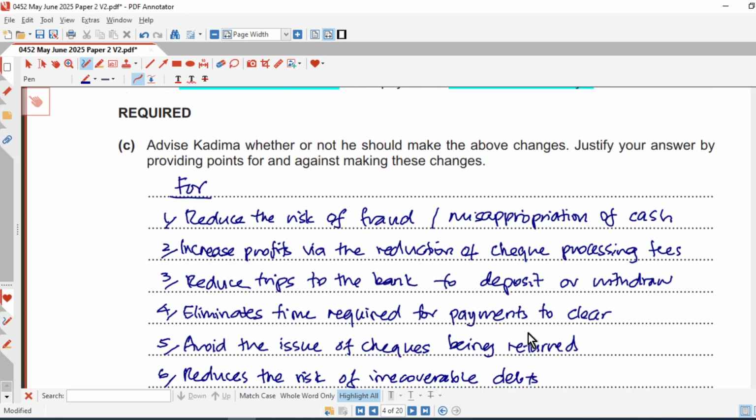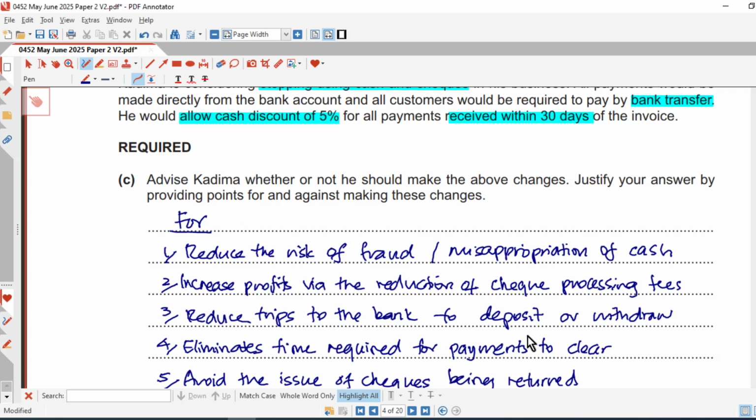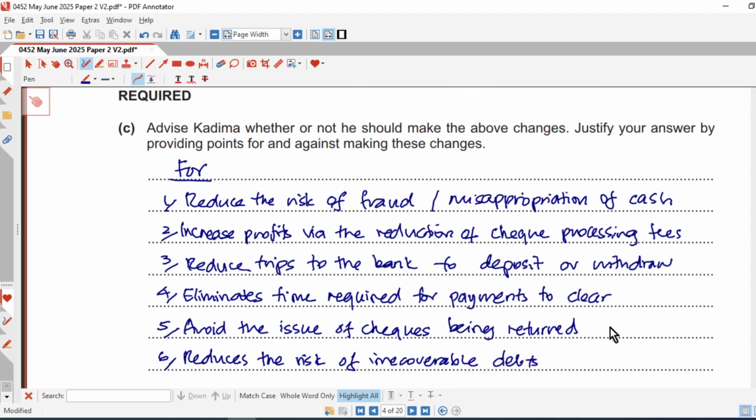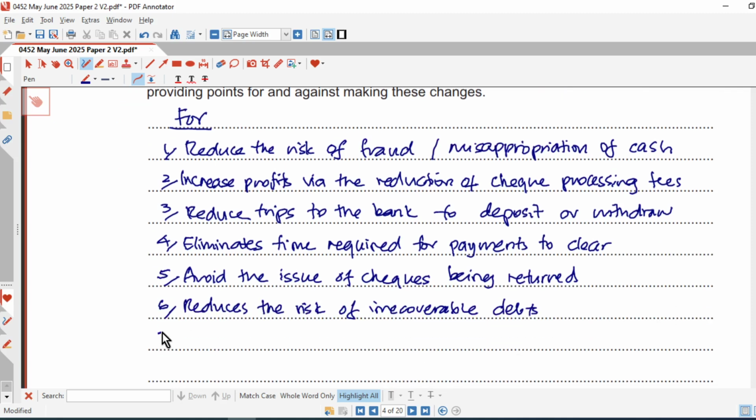So that will reduce irrecoverable debts. And in fact, it may help to strengthen the liquidity position of the business, right?